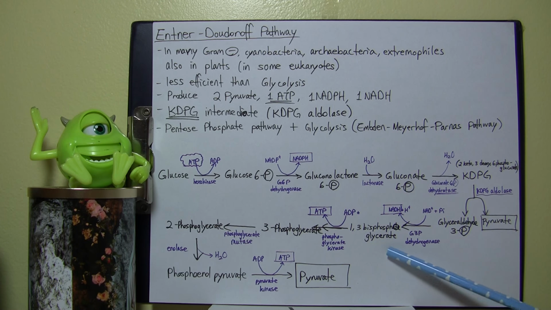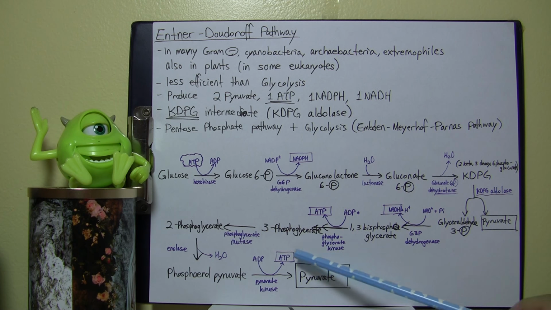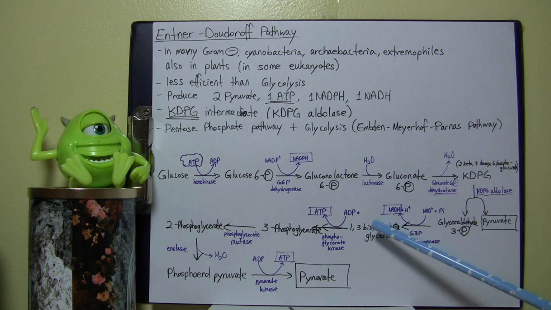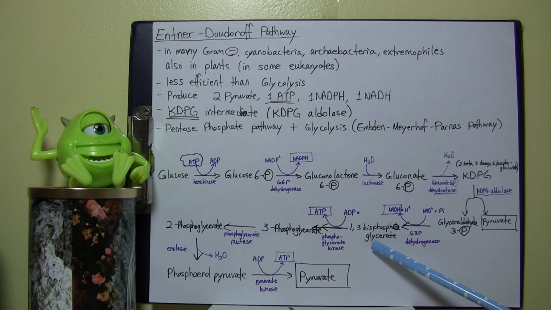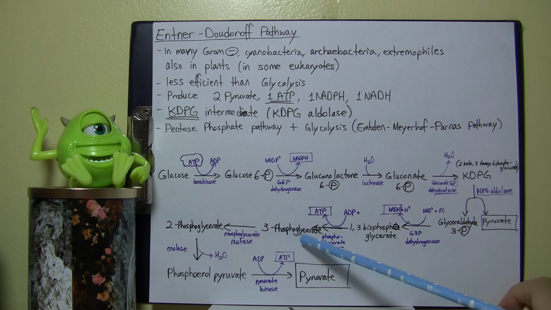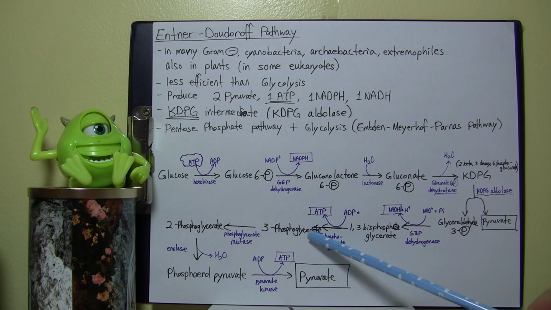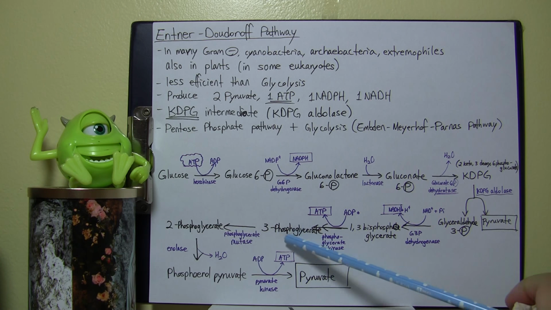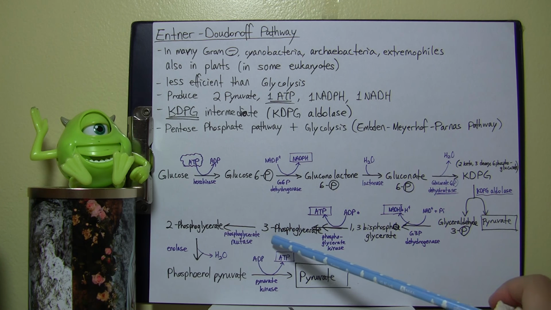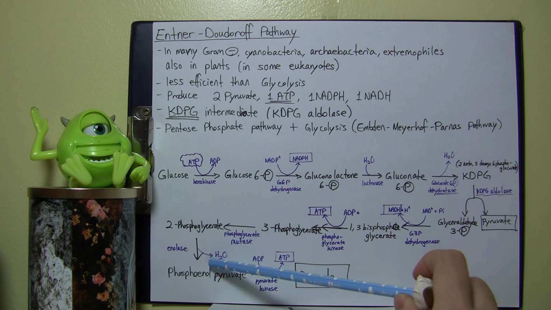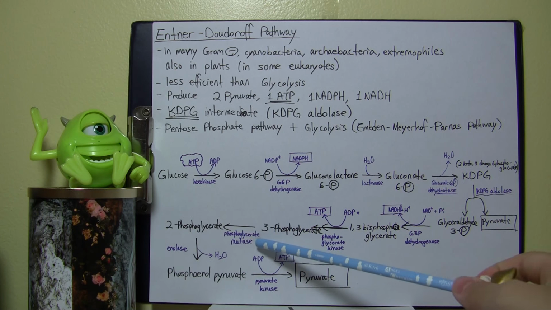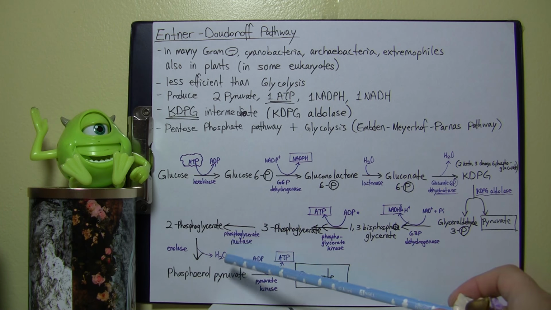And then 1,3-bisphosphoglycerate is converted into 3-phosphoglycerate by transferring a phosphate group onto ADP to produce ATP using phosphoglycerate kinase. Then 3-phosphoglycerate is converted to 2-phosphoglycerate. All we did was move the phosphate group from the third carbon to the second carbon, making it higher energy, using phosphoglycerate mutase.